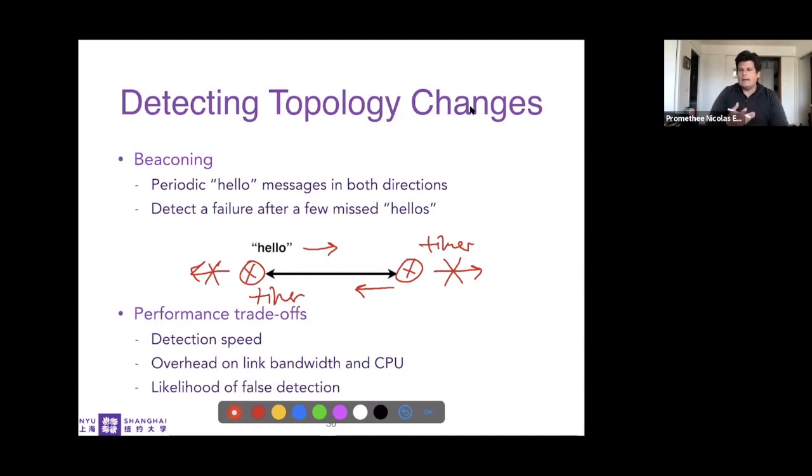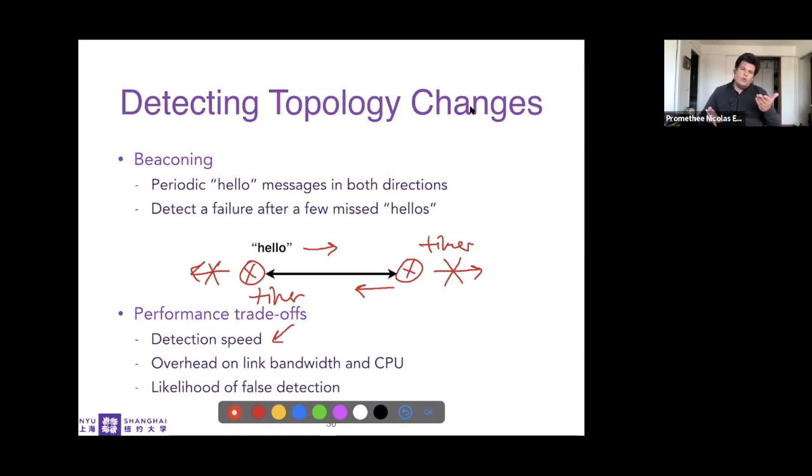Obviously, you may see that we have some design choices to make here. Either we want to speed up the detection, but as you want to speed up the detection, you need to increase the number of hello messages. If you increase the number of hello messages too much, you're going to use a lot of bandwidth for those messages, and what is more, the CPU to process the messages on the routers.